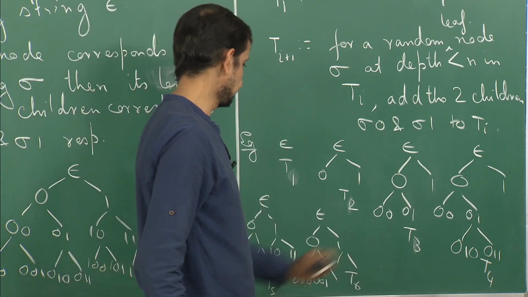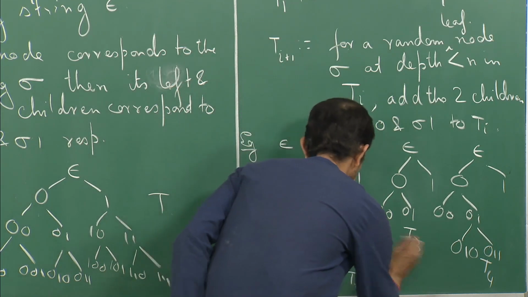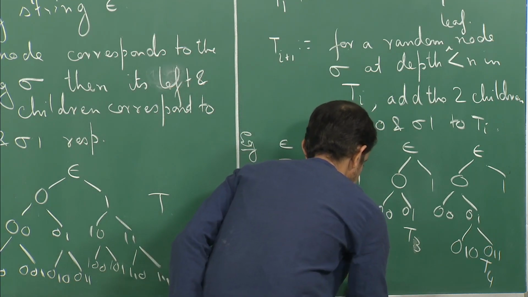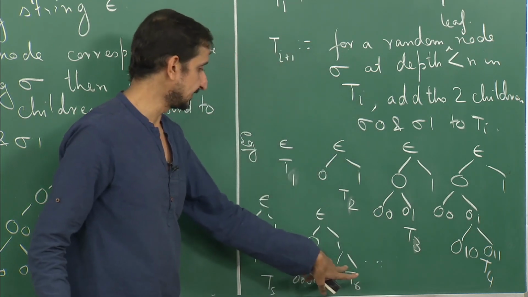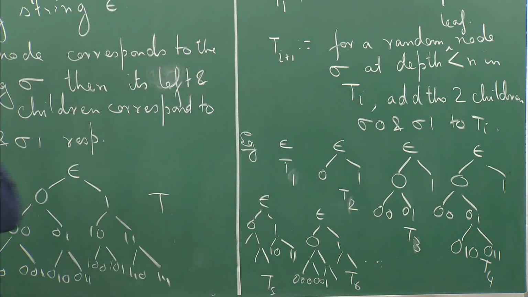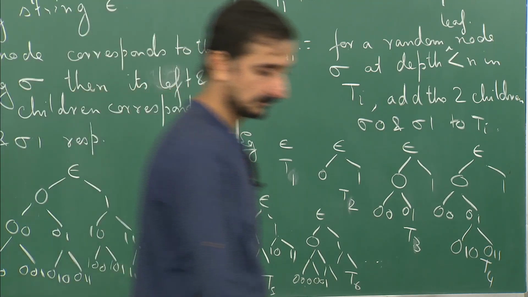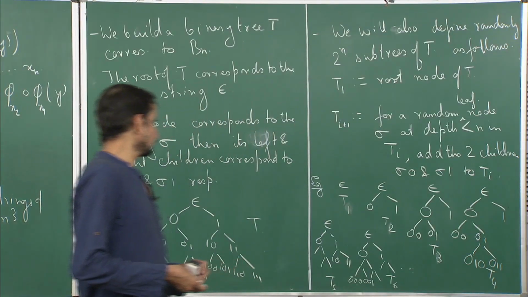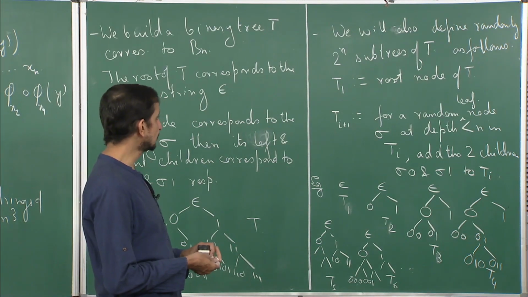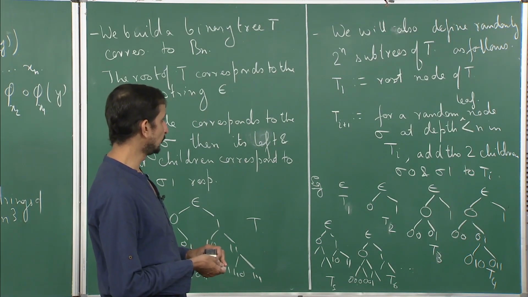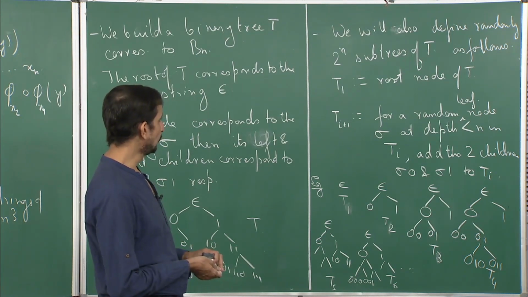And now let's say that T7 is, I mean, you pick any one of these two, that is T7, and the last one will be T8. Okay, so this is how I get a sequence of trees T1 up to T to the power 2n.